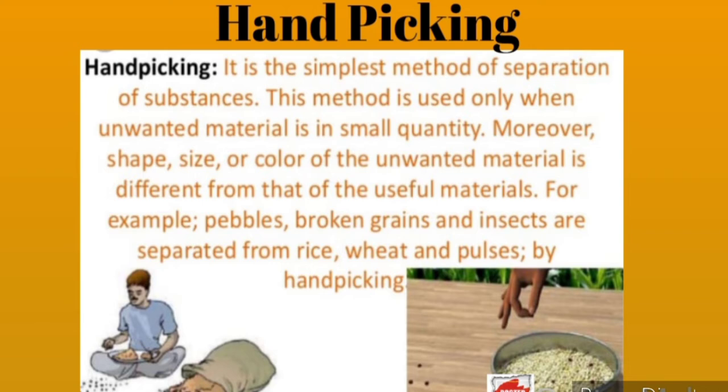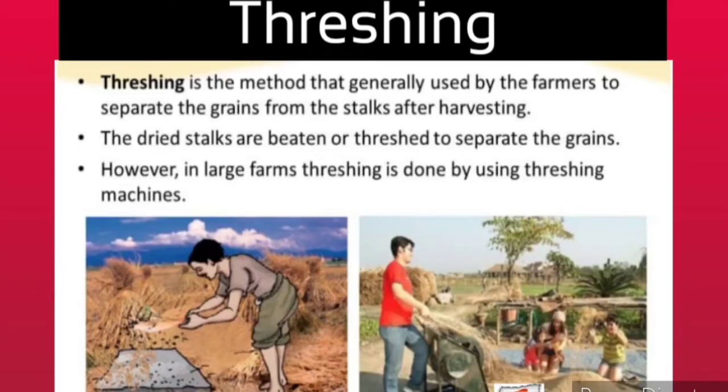Next we have threshing. Threshing is the method generally used by farmers to separate the grains from the stalk after harvesting. Threshing can be done by the use of bullocks or by the use of machines. Next is winnowing. After threshing we have the method of winnowing.